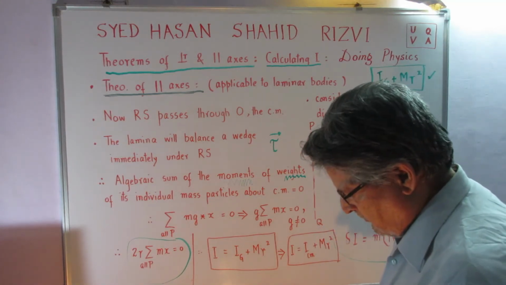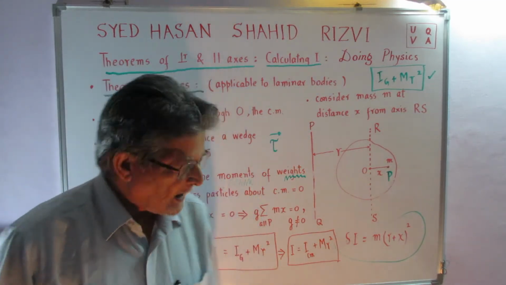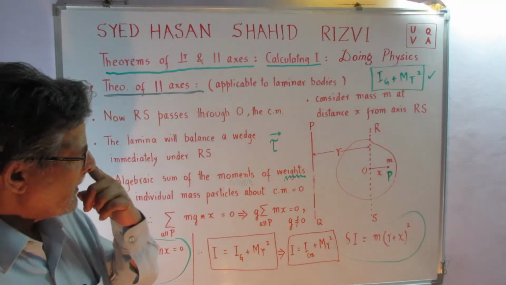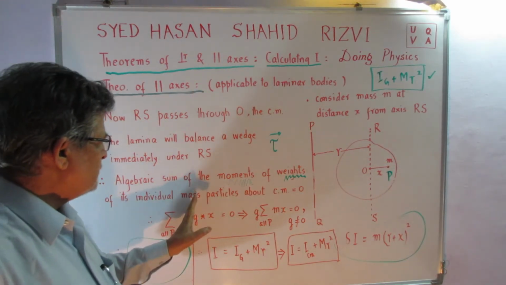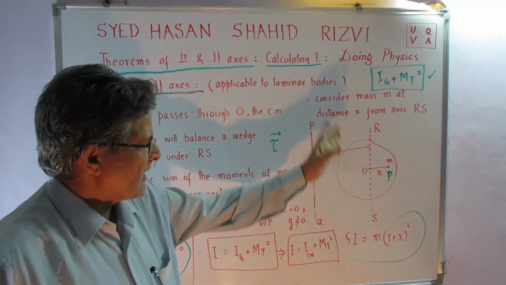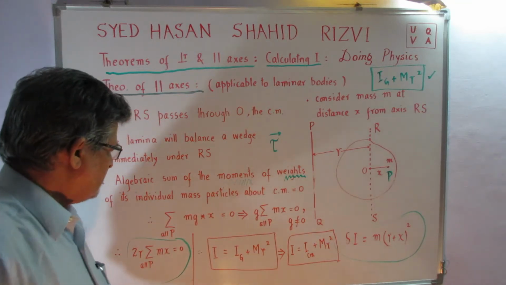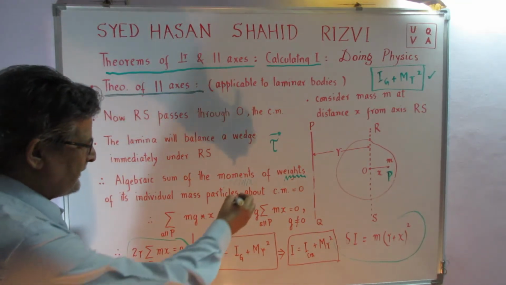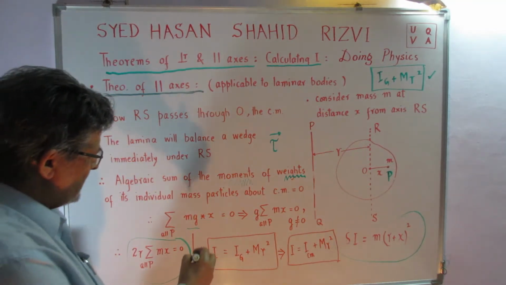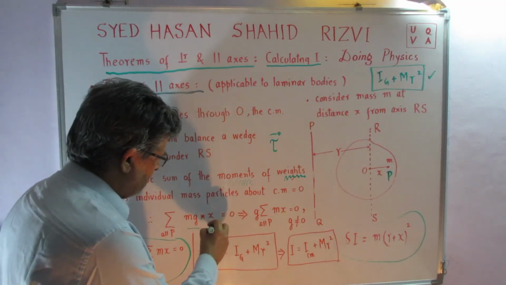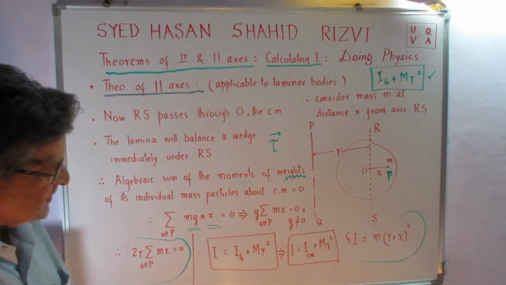So when there is a balance, that means the net torque, the net moment of the weights of its individual mass particles about this center of mass wedge, is going to be equal to 0. The weight here is mg, and to calculate the moment I'm not using the vector definition, that's why I'm using the star as a multiplier.